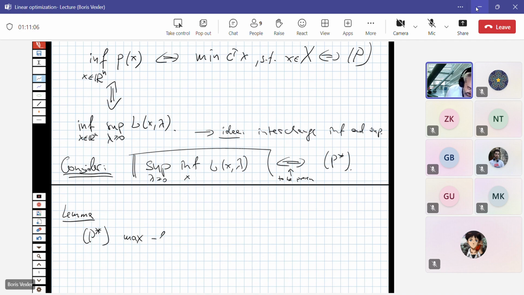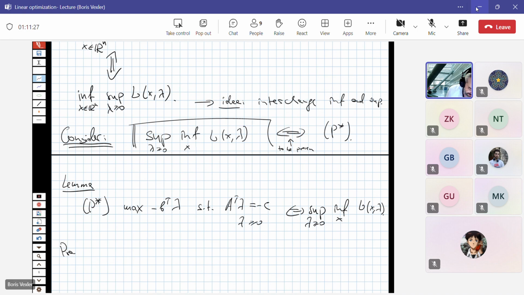maximization of minus b transpose lambda, subject to A transpose lambda equal to minus c, lambda larger or equal than 0, is equivalent to supremum over all lambda, infimum over all x, L of x lambda. Proof: how do we see this?